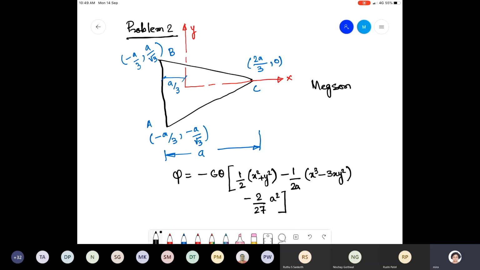You can look into the expression of the stress function and tell me how you are going to prove that phi is 0 on the boundary, or constant on the boundary, whichever way. So I actually don't intend to solve it in the class.